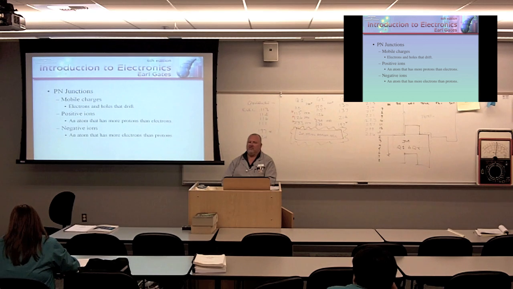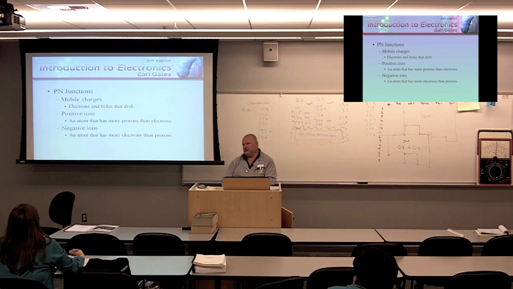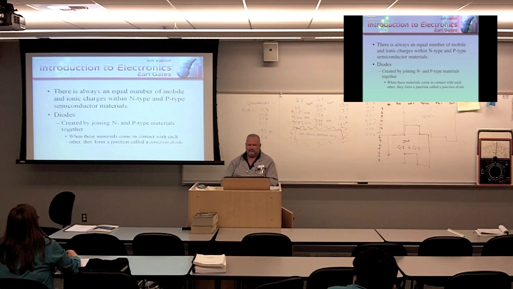Remembering that again, in the beginning, everything was in a neutral, natural state. When we apply energy to matter, we ionize it. Now, there are always an equal number of mobile and ionic charges within N-type and P-type semiconductor materials.